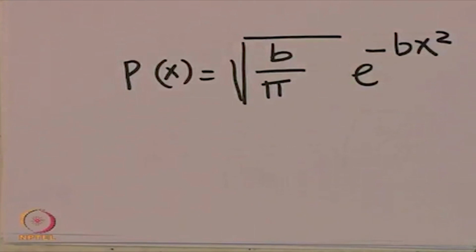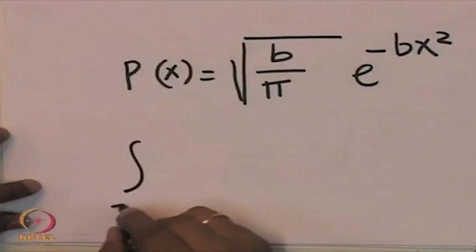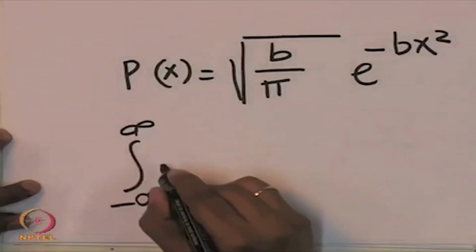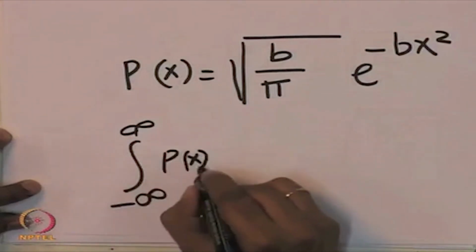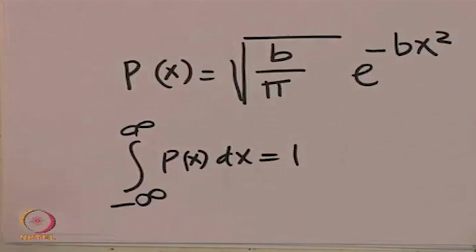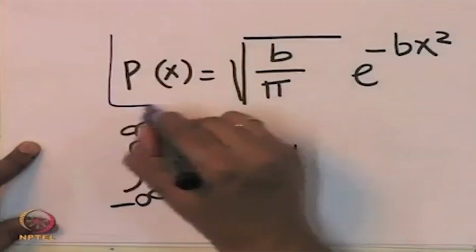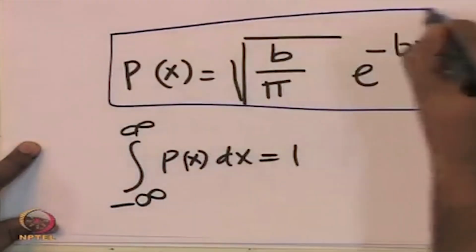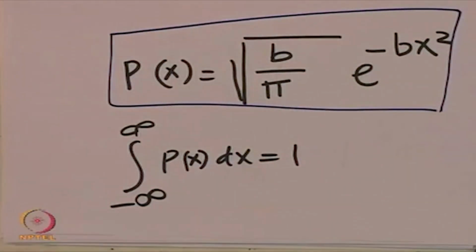Surely we can see that the integral from minus infinity to infinity of P of x dx is 1. So, this is the Gaussian function, and A we found already. This is the full form of the Gaussian. The probability distribution, the normal distribution, has this particular form.